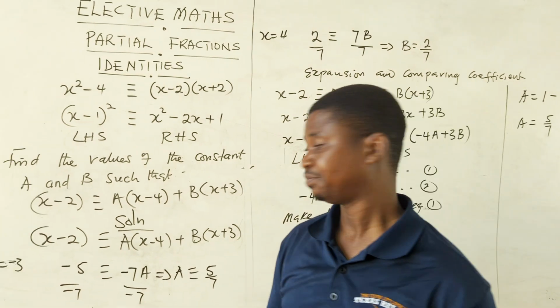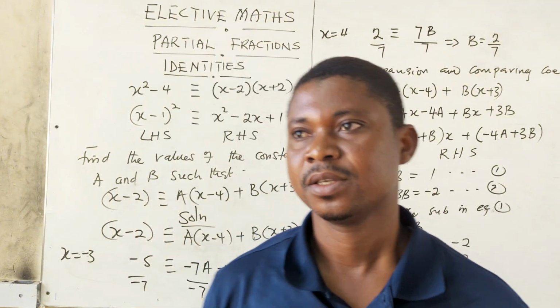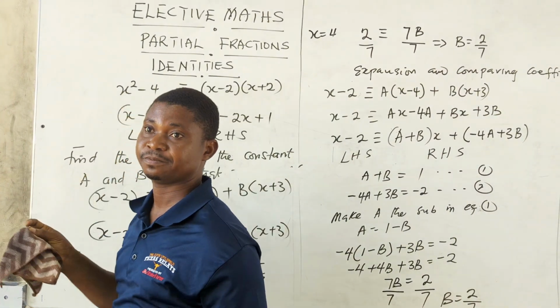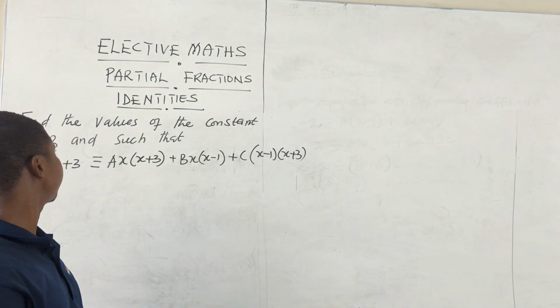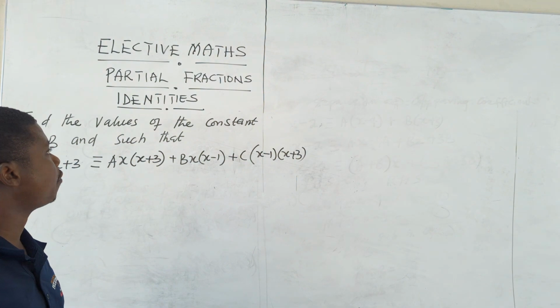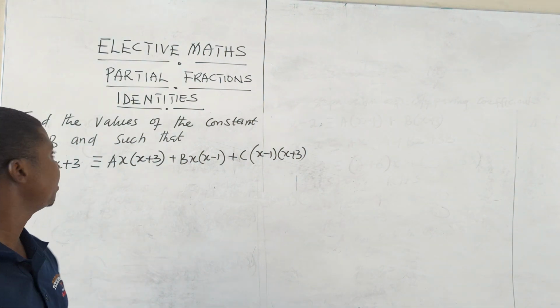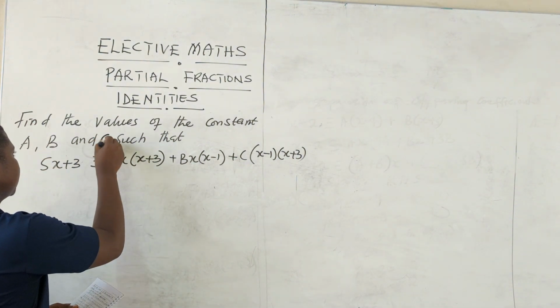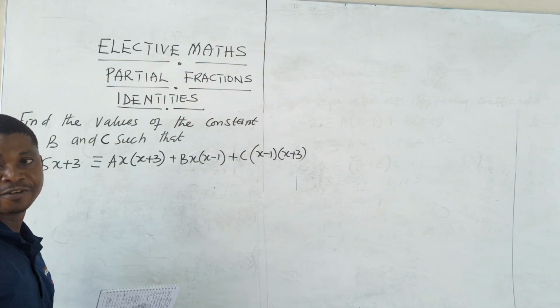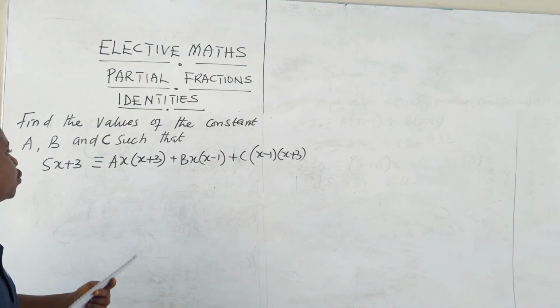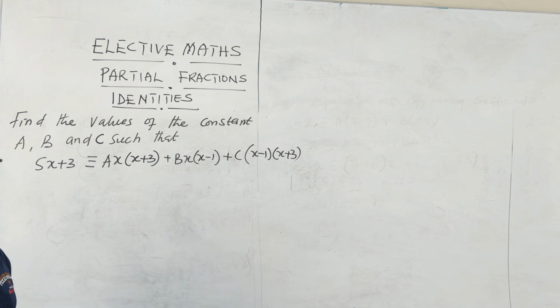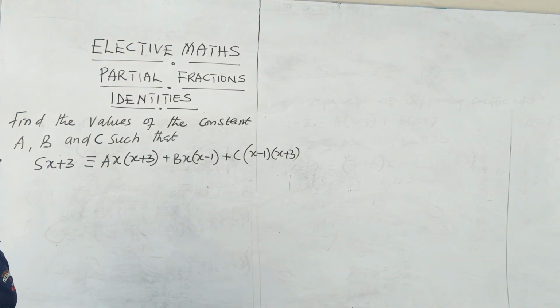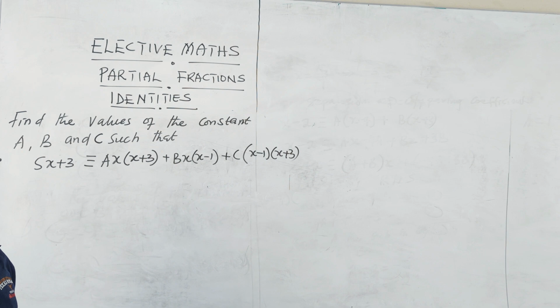Let's try another question. So the question is, find the values of the constants A, B, and C such that 5x plus 3 is equivalent to ax into brackets x plus 3 plus bx into bracket x minus 1 plus c into bracket x minus 1 x plus 3.